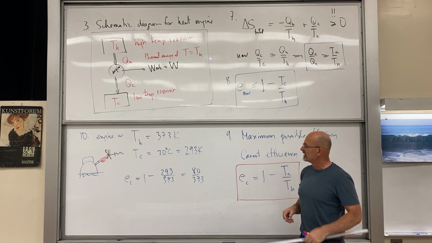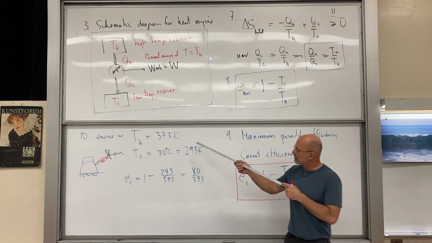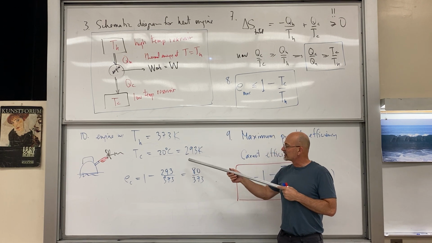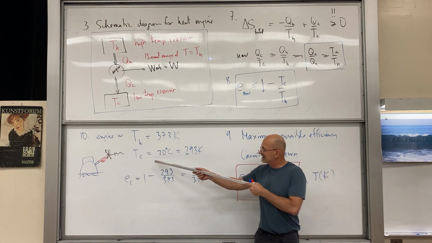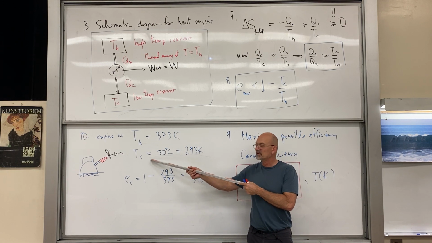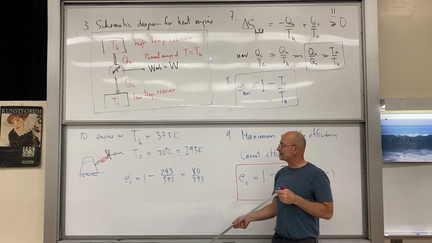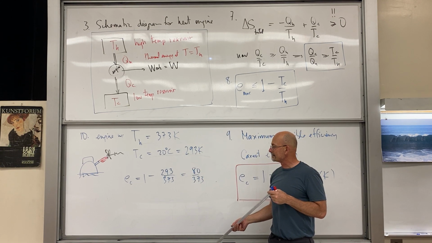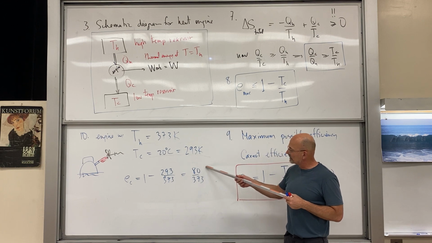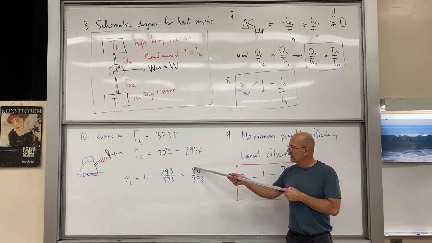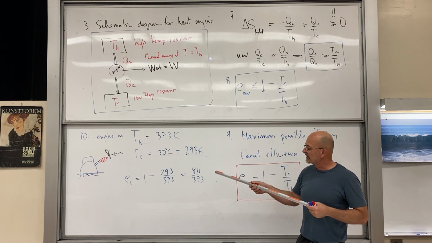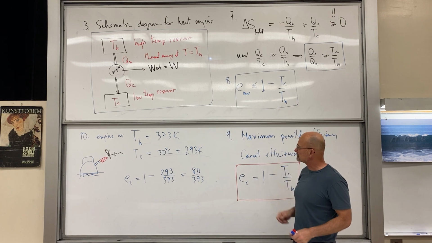Realistically, you could be running at much hotter temperatures. It's difficult to have the TC be all that low. Okay. Be that as it may, there's an example of a number, and we'll have a couple other numbers in the homework sets. Let's see what else.